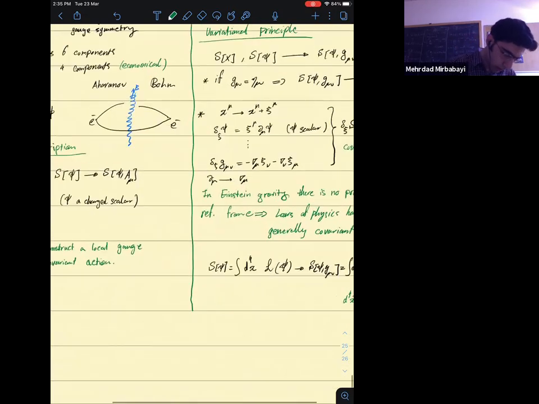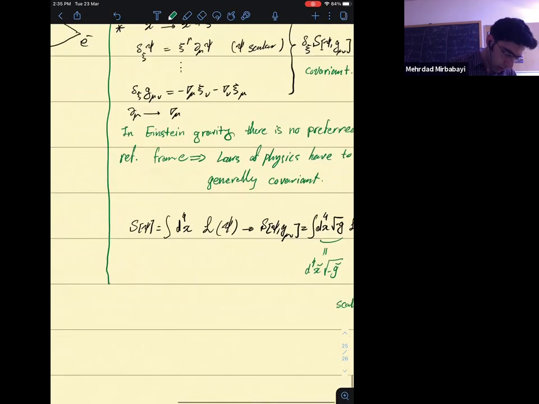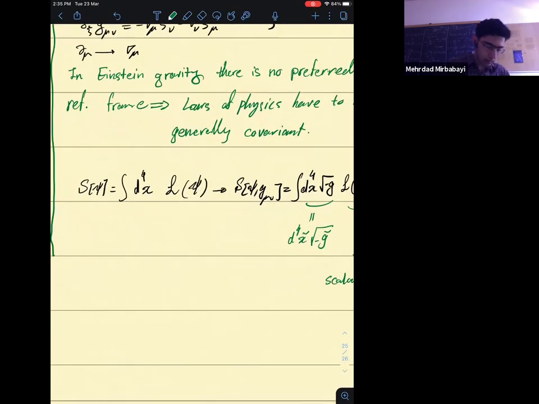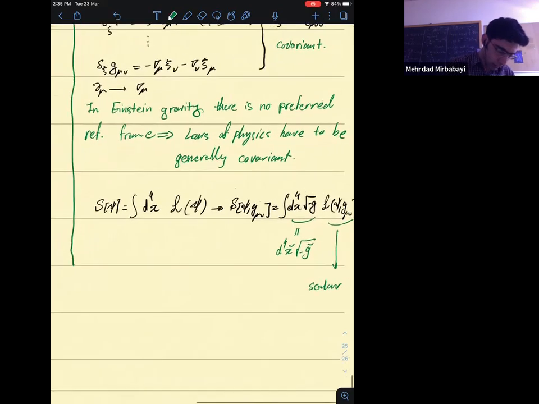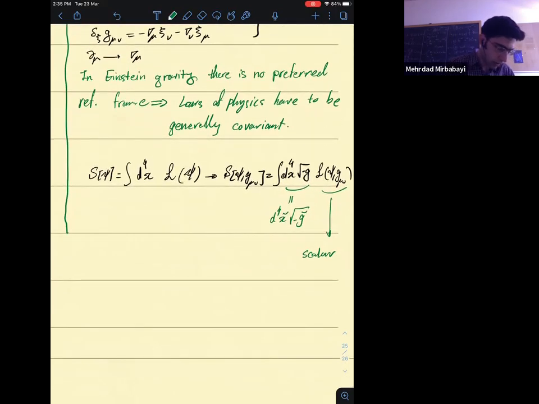I imagine that you are already familiar with constructing scalar quantities out of vectors and tensors. And these are the same rules that we are following here.